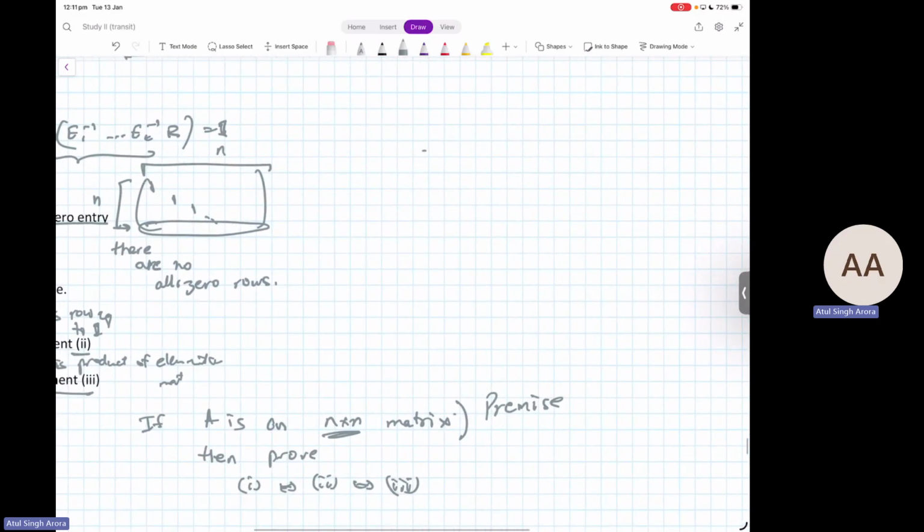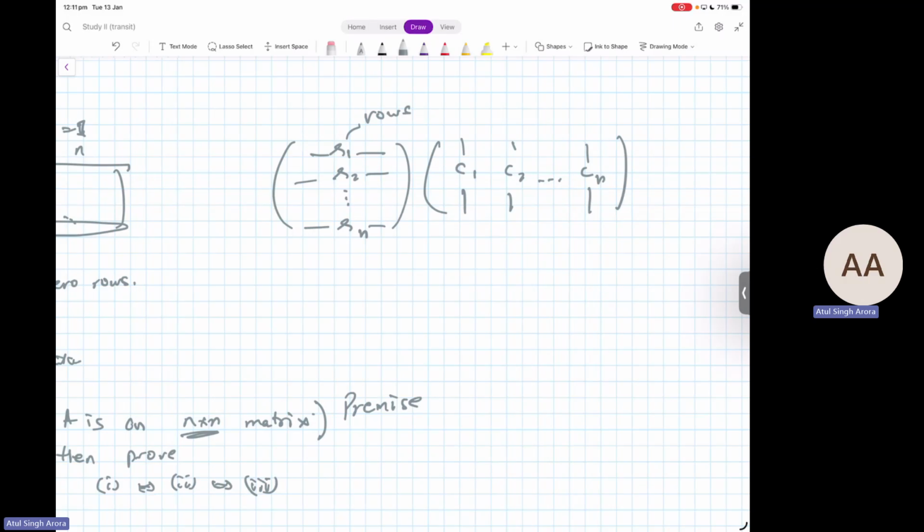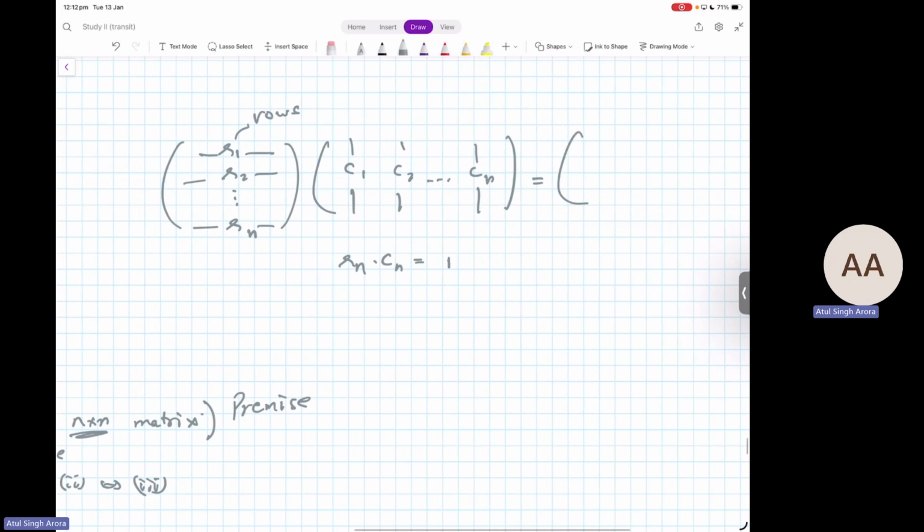For example, suppose these are rows R1, R2, up to Rn, and you're multiplying with columns C1, C2, up to Cn. Now Rn times Cn has to be 1, because we want the result to be identity, with 1, 1, 1 on the diagonal.